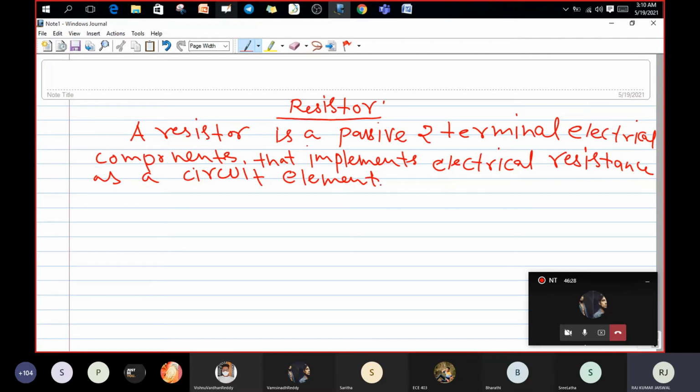Okay guys, a resistor is a passive two terminal electrical component that implements electrical resistance as a circuit element.